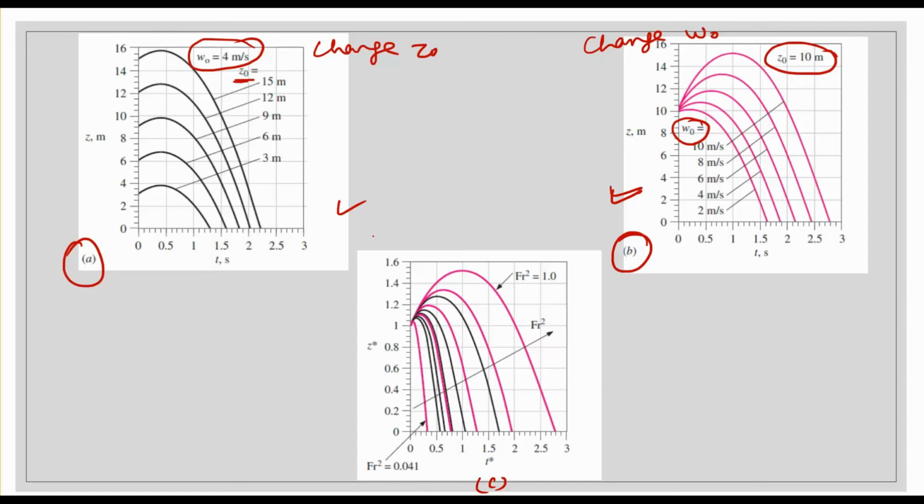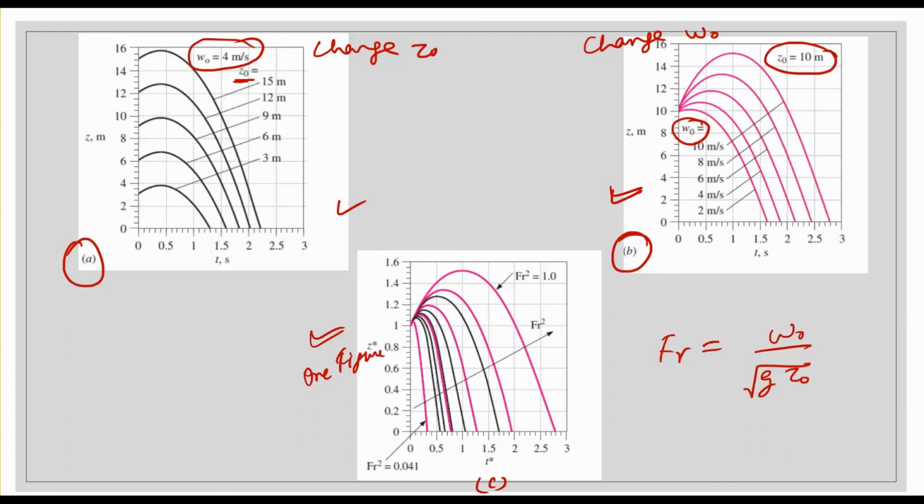You can easily choose Fr. Obviously it depends on both omega naught and z naught. If you fix this and change this, you will get different Frs. Now you can plot the result in the same graph, because here only Fr is changing. So you do not have to plot so many different graphs. The same thing is conveyed from one single graph. So it reduces a lot of effort.